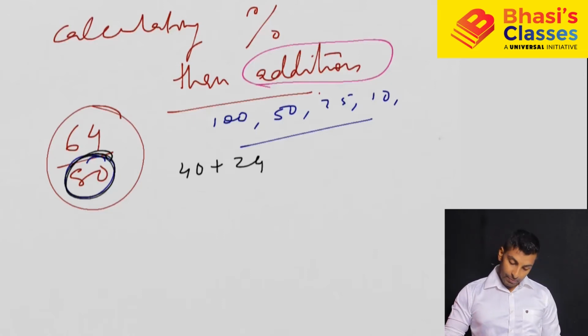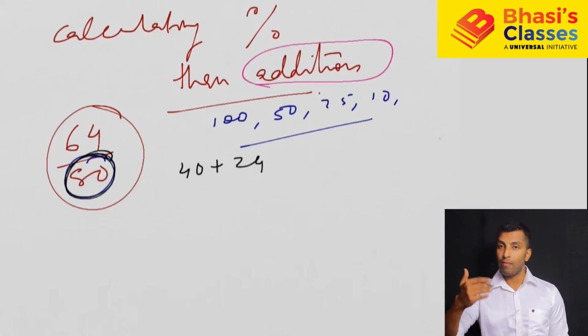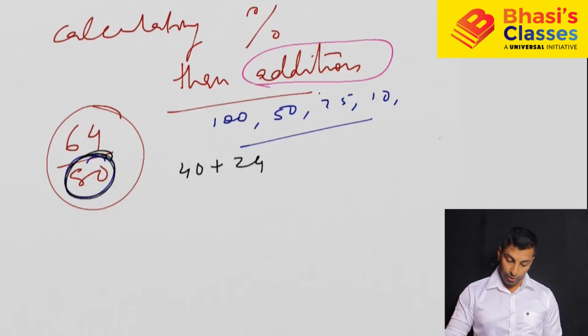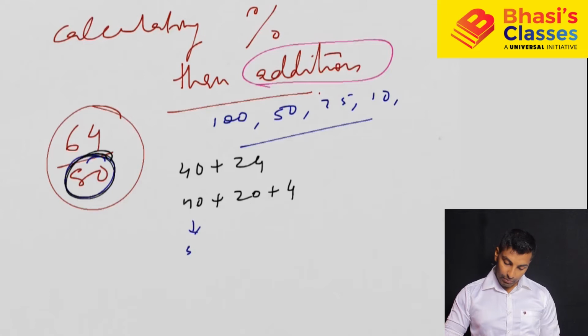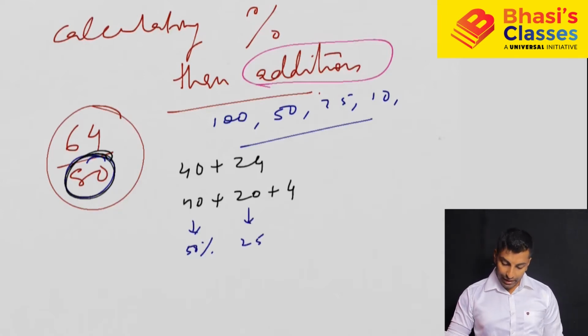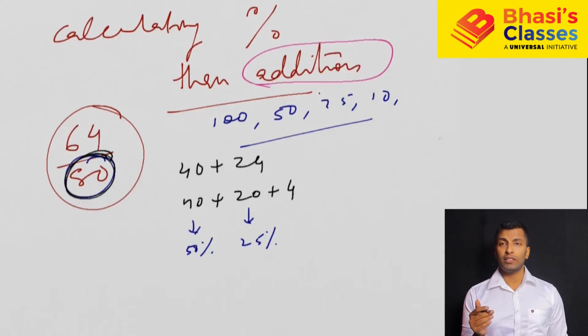That means it is 50% and more. Now this 24 you can write as 20 plus 4. We know 40 is nothing but 50%, and 20 is 25% of 80, that means 1/4 of 80.